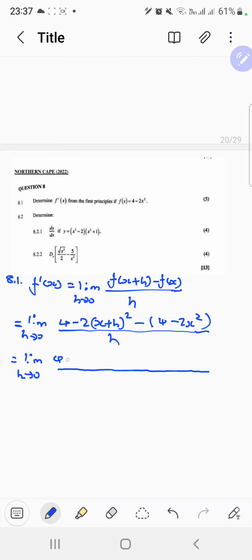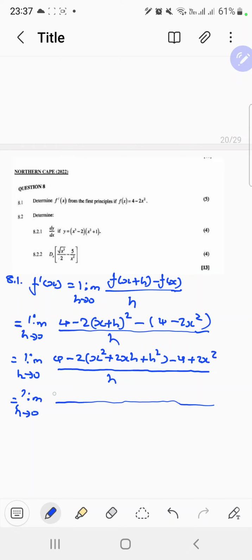So this is going to be 4 minus 2 into, expand this, x squared plus 2xh plus h squared. Okay, minus 4 plus 2x squared, over h. This is the limit as h tends to 0 of, we sort this out further.